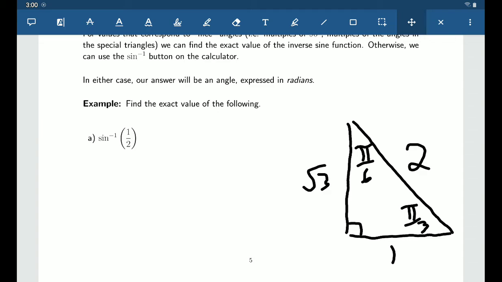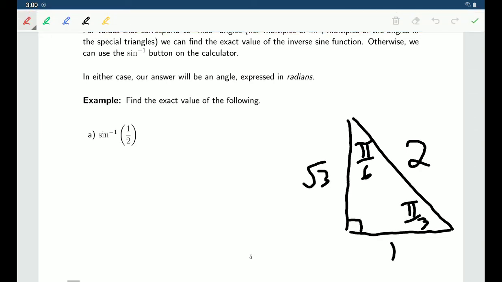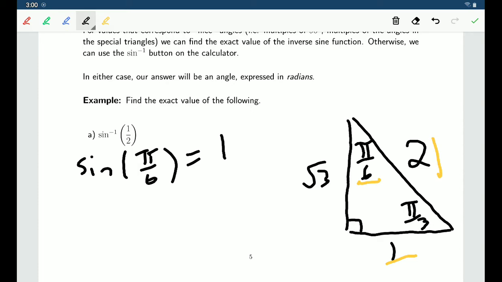Now, if we were looking at pi over 6 or 30 degrees, sine of that would be opposite over hypotenuse, 1 over 2. So we know that sine of pi over 6 is 1 over 2. That means sine inverse will switch those inputs and outputs.